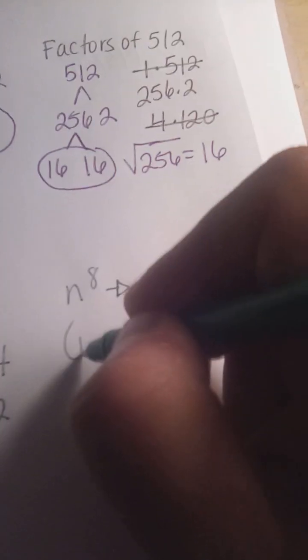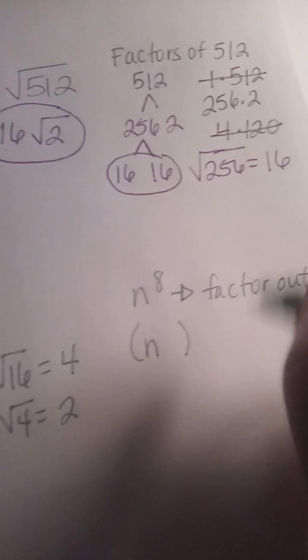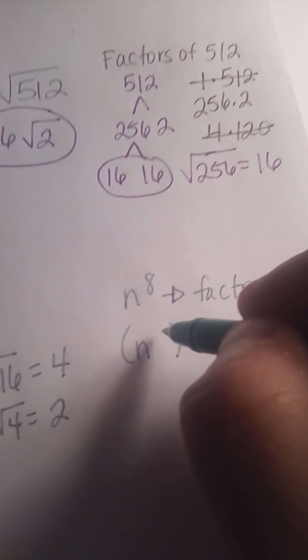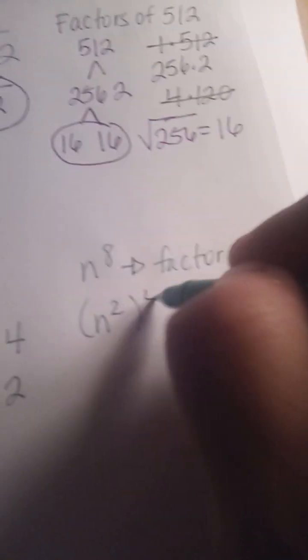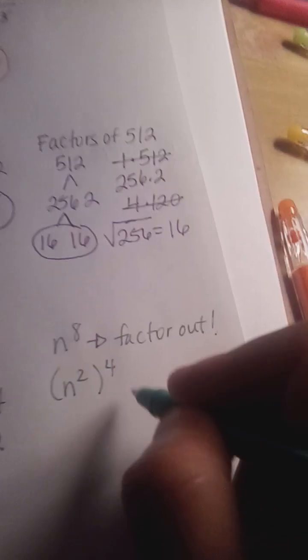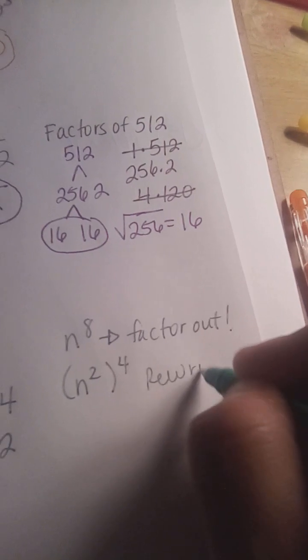We know the base is n, and we look at the exponent. We know 1 times 8 is not going to work. Let's try 2 times 4. We could rewrite it as this. Rewrite. All right. So any questions so far on this part?